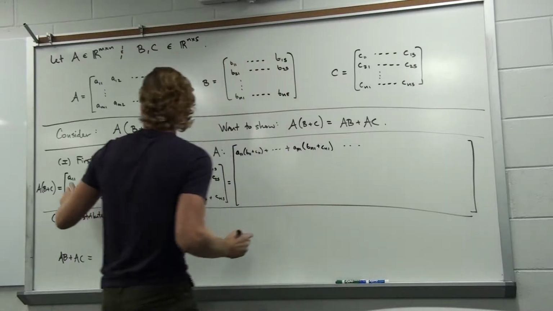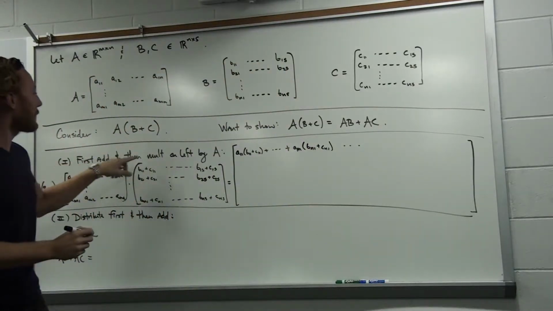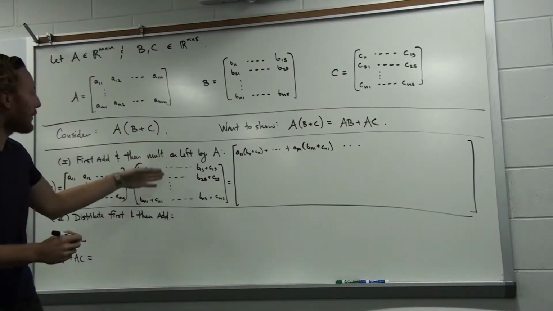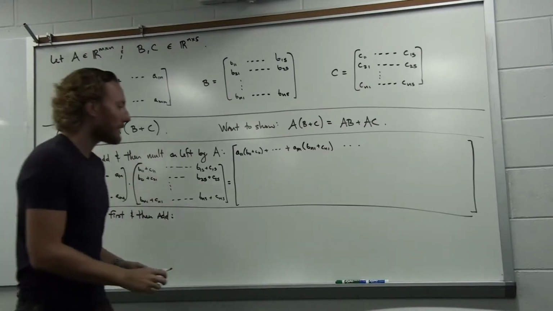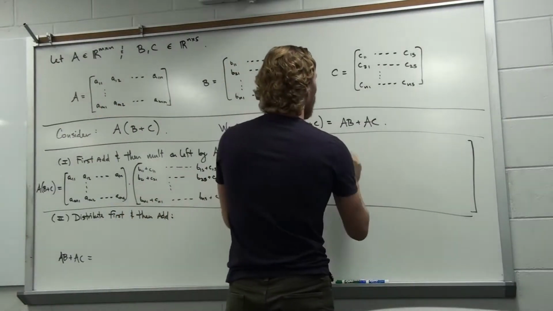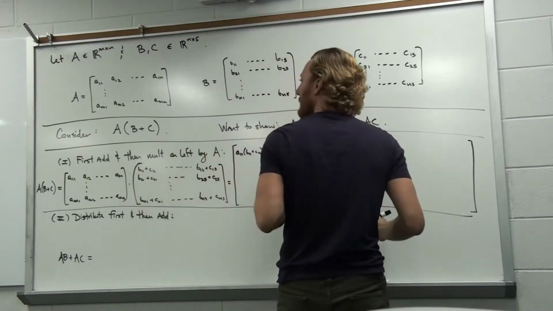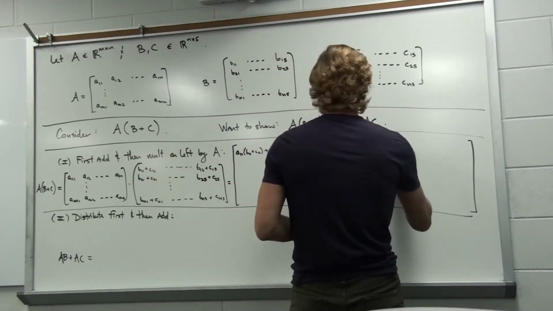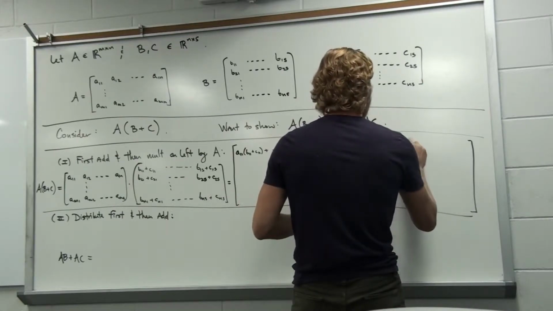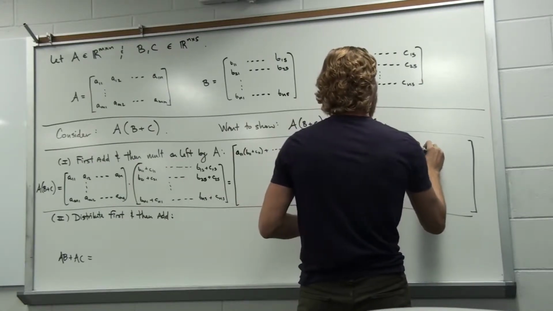And then we could work our way row by column, row by column, row by column, first row times each of the columns. Eventually, we would get out to the last column, and when we take the first row times the last column, this is going to give us A11 times B1s plus C1s.